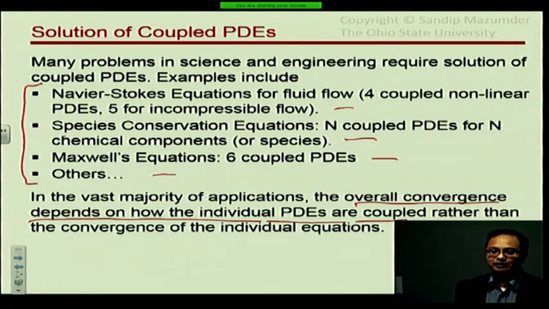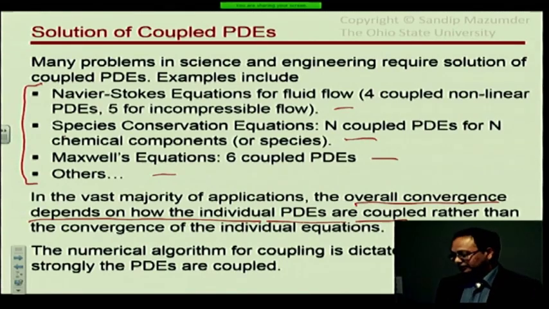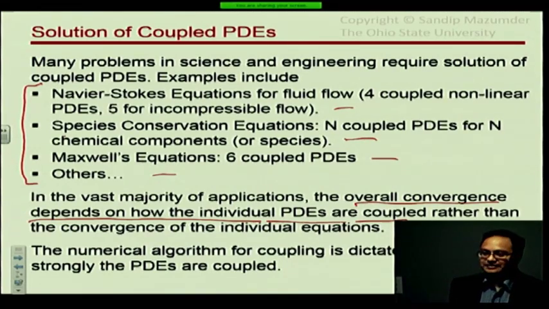Don't get me wrong, that is of course important, but generally people find that how you do the coupling becomes very, very important. And the numerical algorithm, of course, dictates that.